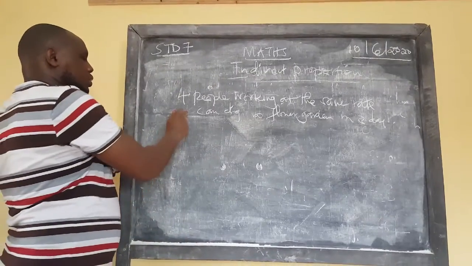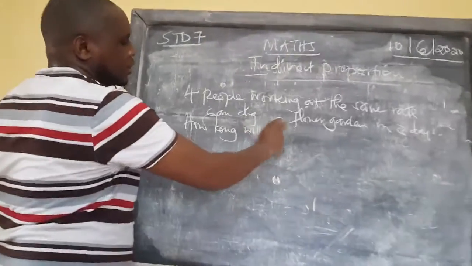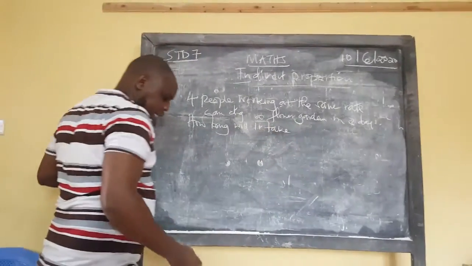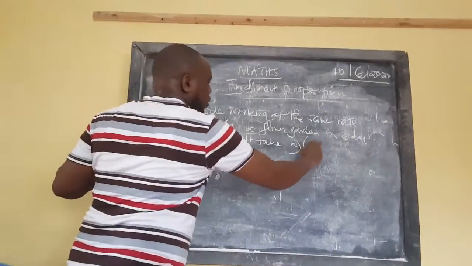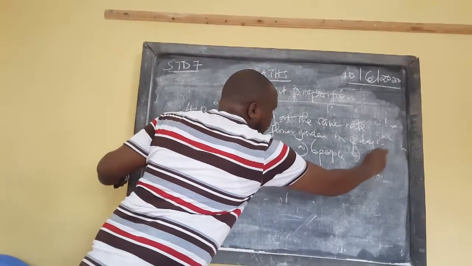How long will it take: A, 6 people, and B, 2 people?